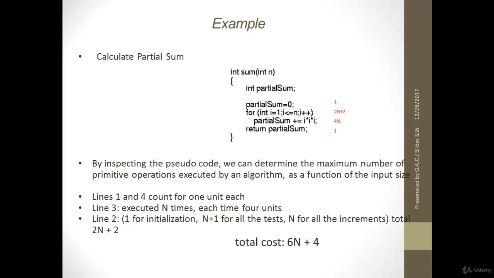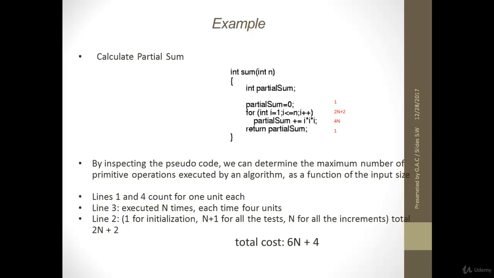The condition part in any for loop executes n plus 1 times. The i is gradually incremented, and if i doesn't match the condition, it goes outside the loop. It will not go inside the loop, but that count is taken. Therefore the condition is checked n plus 1 times.